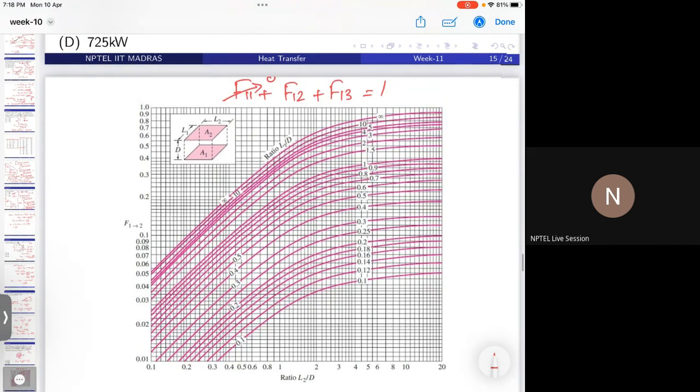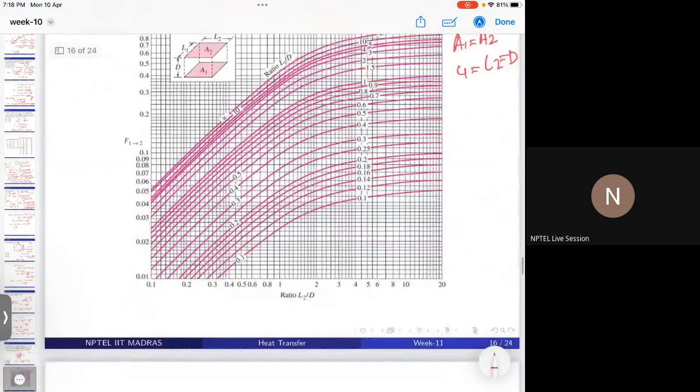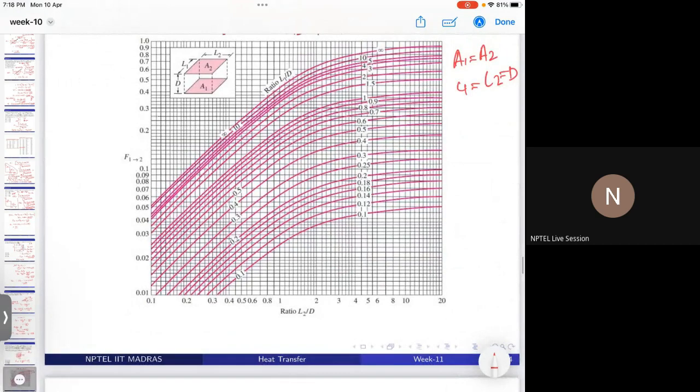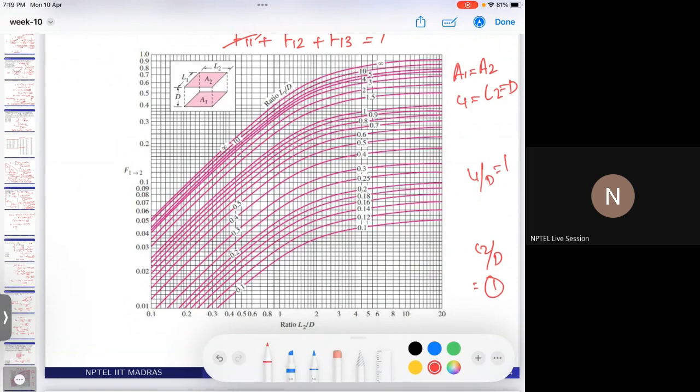F12 here, according to this chart: A1 is equal to A2 because it's a square. And L1 is also equal to L2, which is equal to D, because it's a square. So the ratio L2 by D will be 1, and L1 by D is also 1. So you have to map 1, 1.